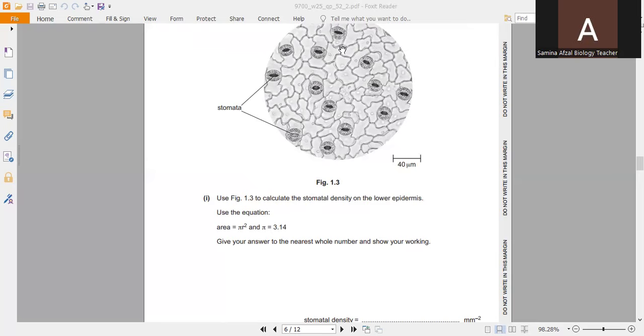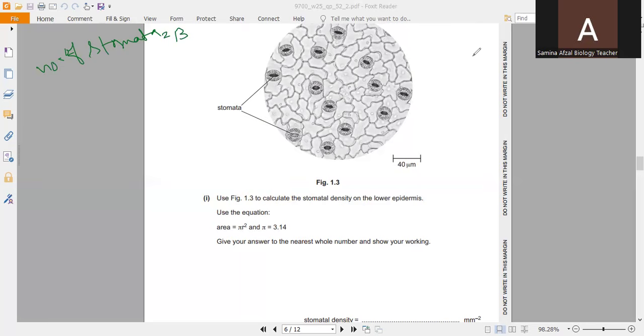So they are 1, 2, 3, 4, 5, 6, 7, 8, 9, 10, 11, 12, 13. So the number of stomata is 13.